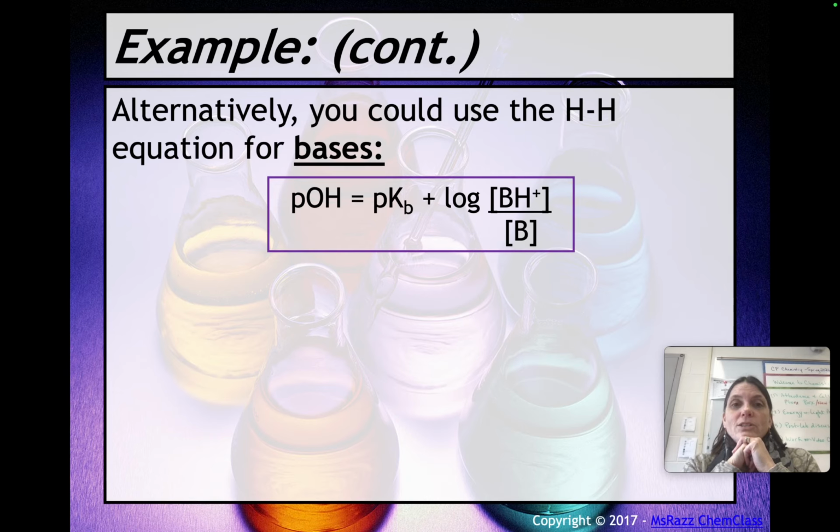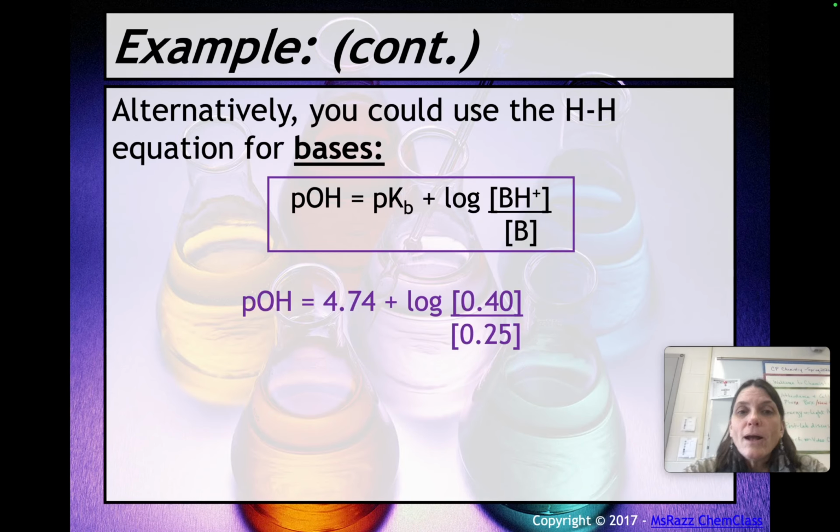It looks almost identical to the original one. It's just that we have pOH equals pKb, which is the negative log of the Kb, plus the log of the conjugate acid over the weak base. So it's really similar to the other one. It's just that we've written it in terms of the base instead of the acid.